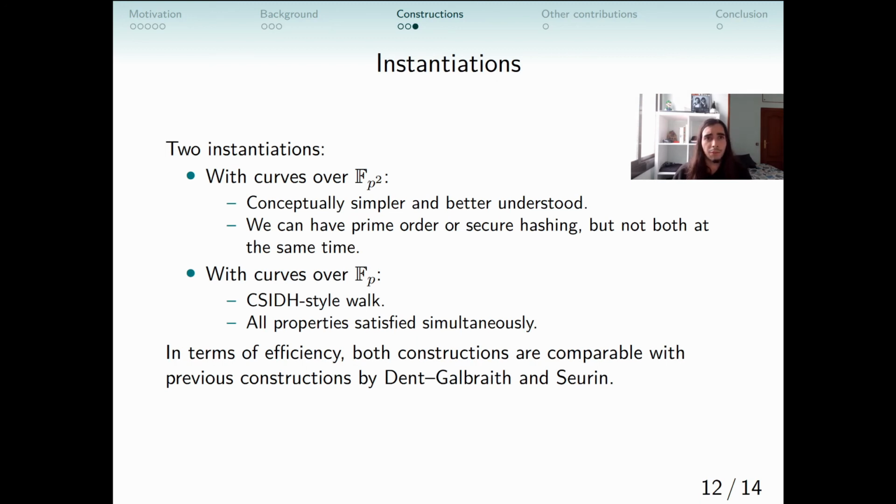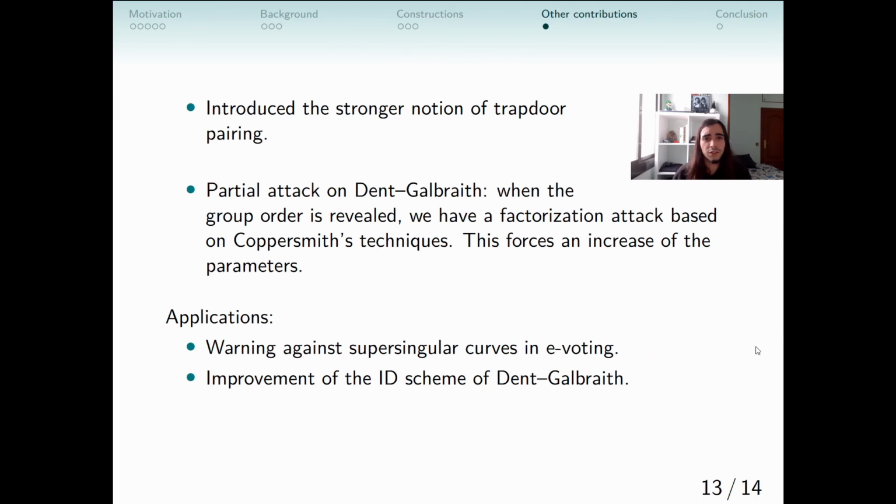There are also a few other contributions. We formalize the stronger notion of trapdoor pairing, which allows us to solve some problems that are slightly harder than DDH, but between DDH and CDH. And this was kind of implicit already in the work of Dent and Galbraith.